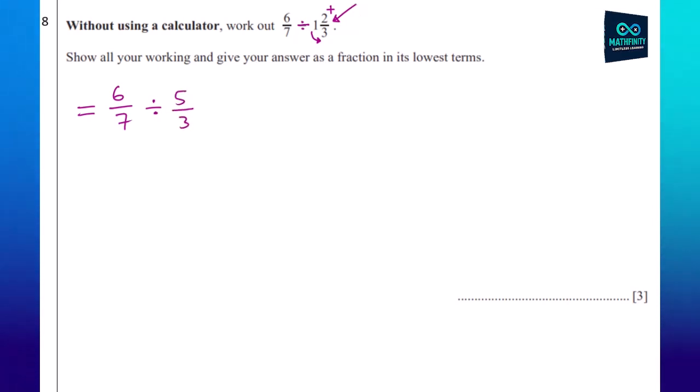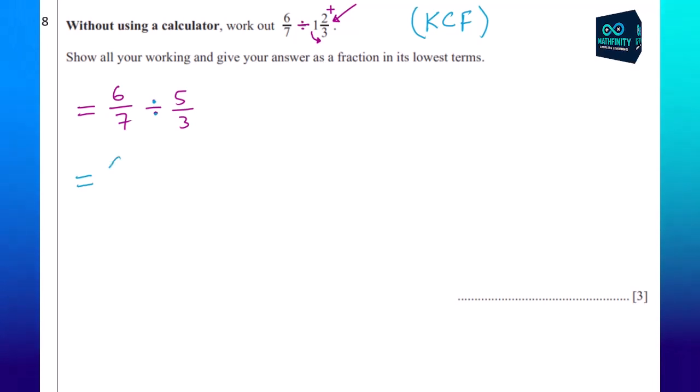As I explained properly at the beginning before solving the past paper, if you will see the division sign, we have to use the KCF method. What is KCF? Keep, change, flip.